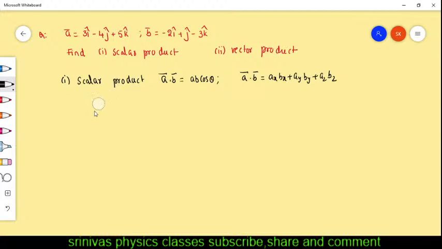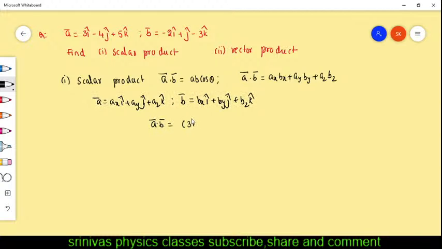You take A bar is equal to AX I cap plus AY J cap plus AZ K cap, and B bar is BX I cap plus BY J cap plus BZ K cap. When you know these, we find A bar dot B bar like that. Here in the question, we have to do it like this.